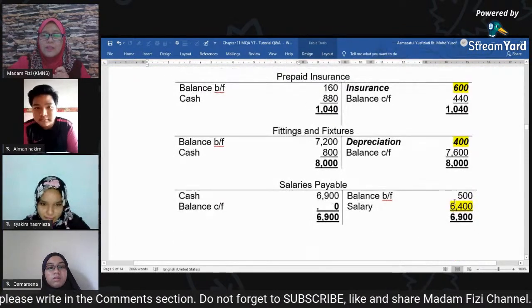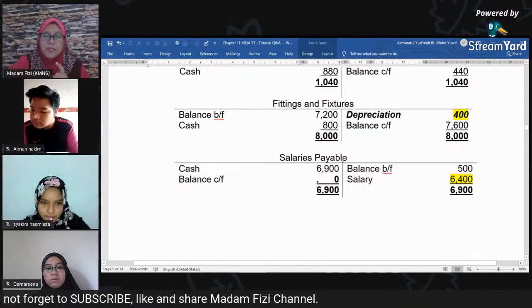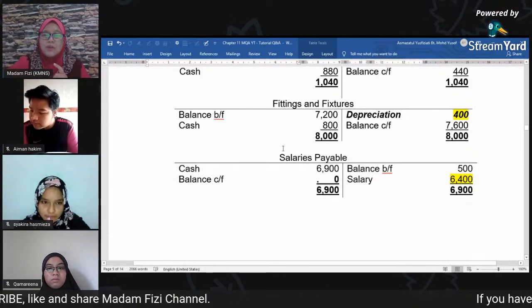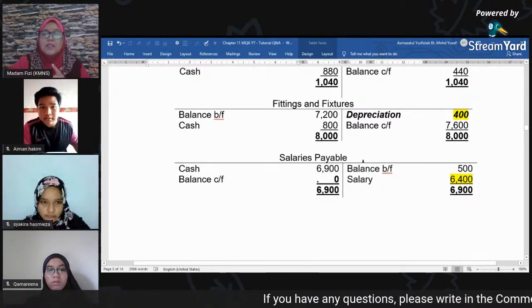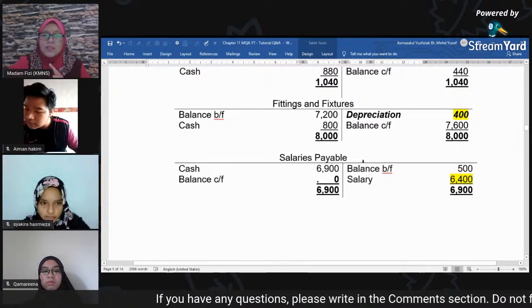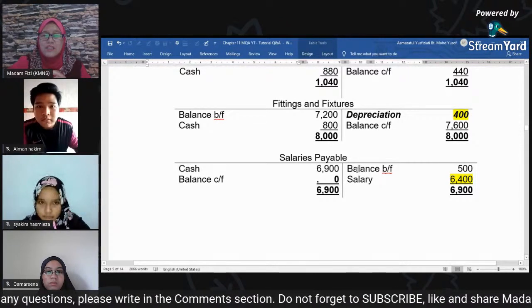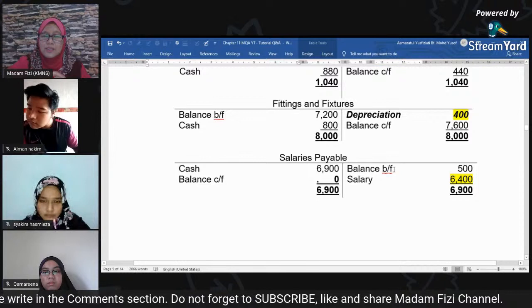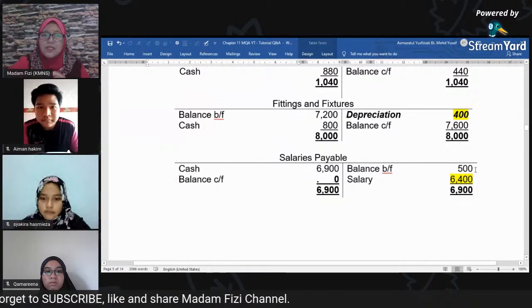Okay. And lastly, in the question, it has salary payable. Okay, I also open the T account for salary payable, because it has 3 items also. First is balance brought forward. Payable is liability, so at the credit side 500.